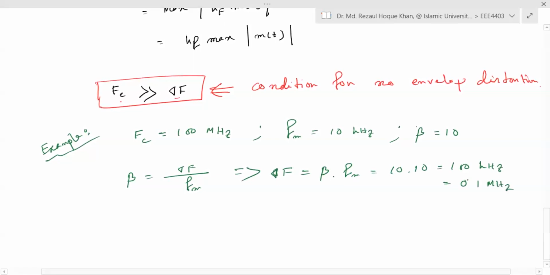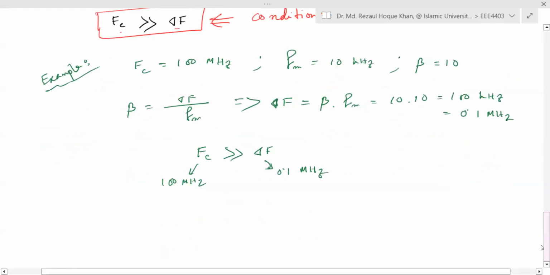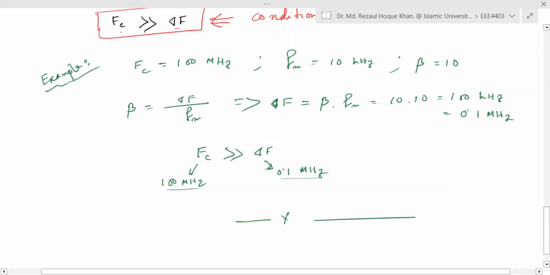You see here that fc, which is 100 megahertz, is greater than del f, which is 0.1 megahertz. Because the carrier frequency fc is much higher than the maximum deviation, there is no overmodulation happening here, meaning no distortion in the envelope.